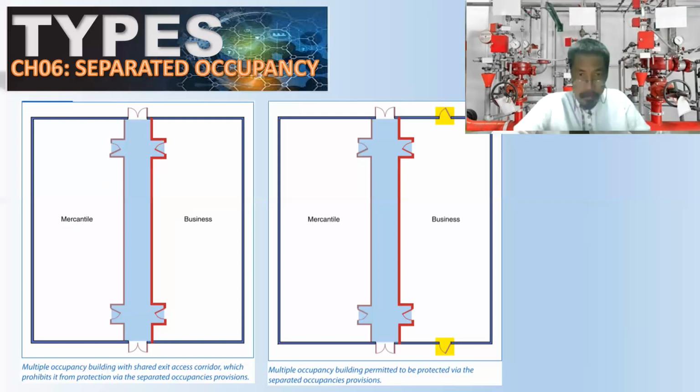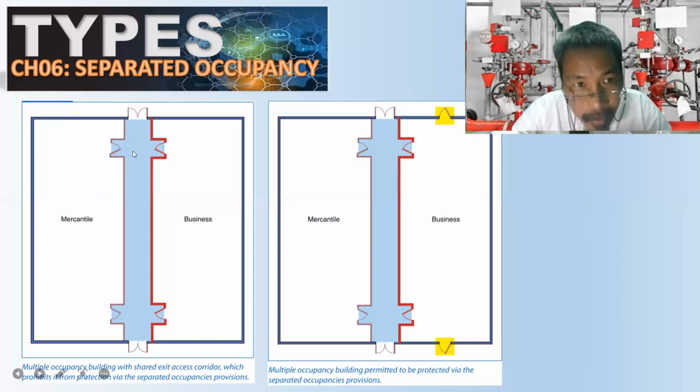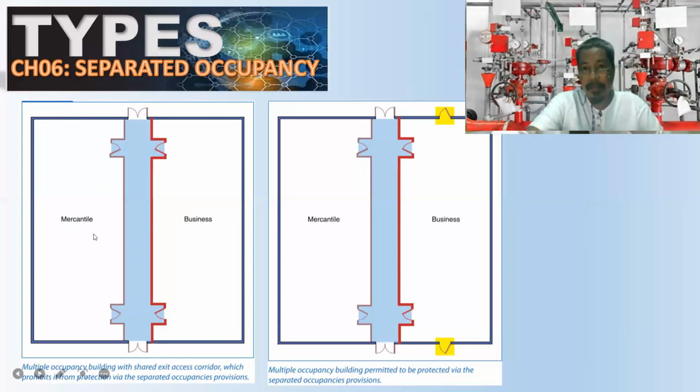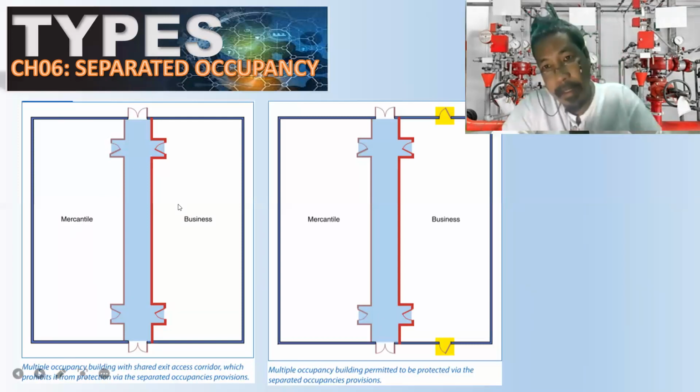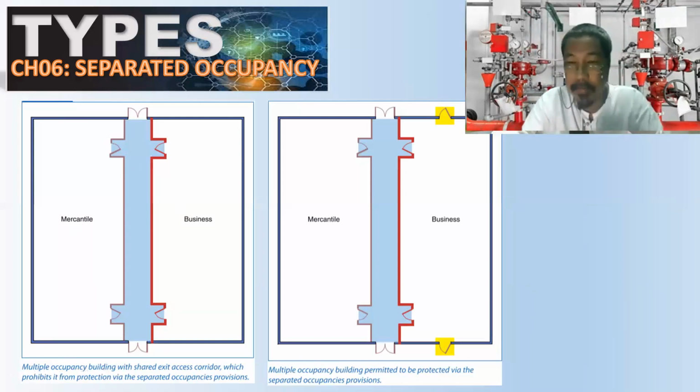Okay, so that is what we mean, because there is a separation here. So the fire will not be able to go to the other side immediately. So fire-rated materials for this.